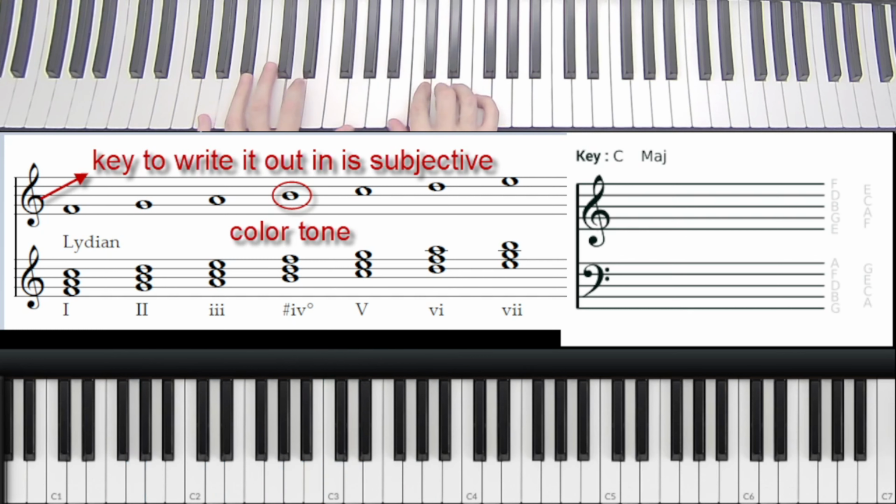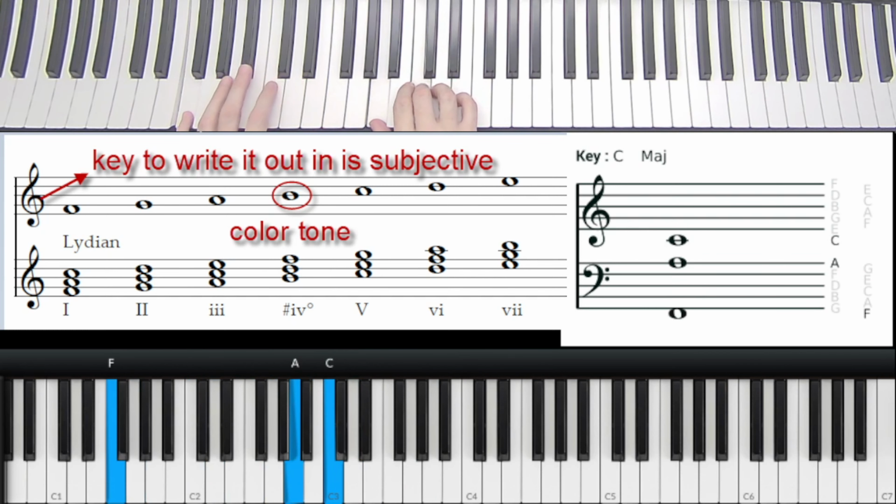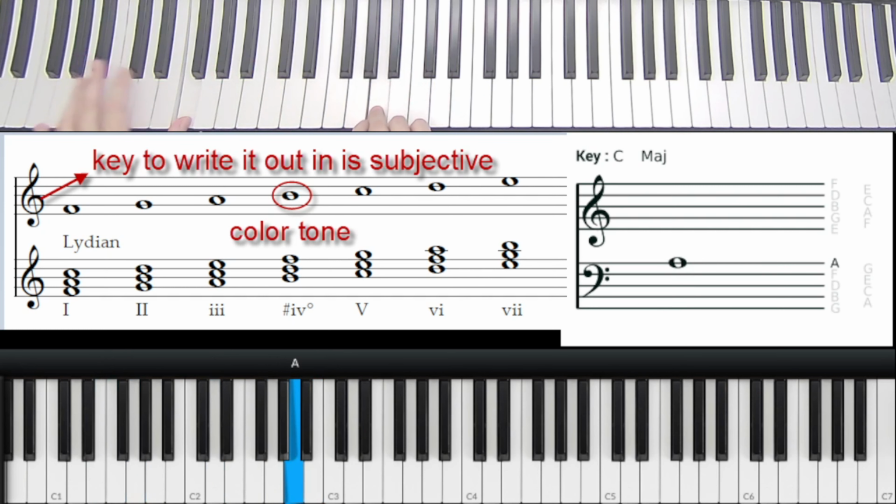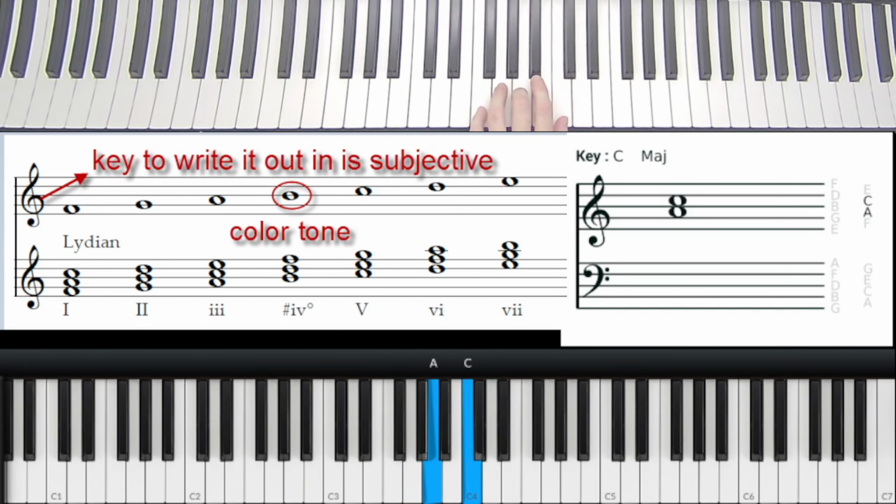I call Lydian unstable because there's no strong resolution. So this is actually a desired effect sometimes. And that's one of the reasons I personally use it, is that strong emotional sound it has by not having a strong resolution. It's very emotional. It can be very uplifting.